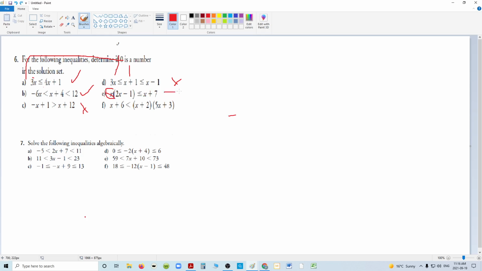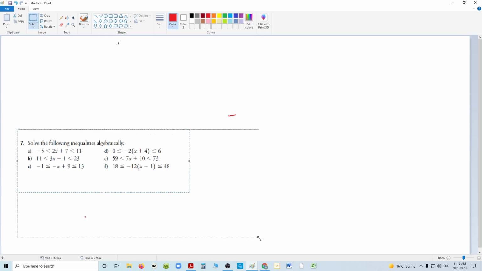Yes. Is 6 smaller than 2 times 3, which is 6? Is 6 smaller than 6? No. So you can see yes, yes, no, no, yes, no. And that's just plugging 0 in for x.